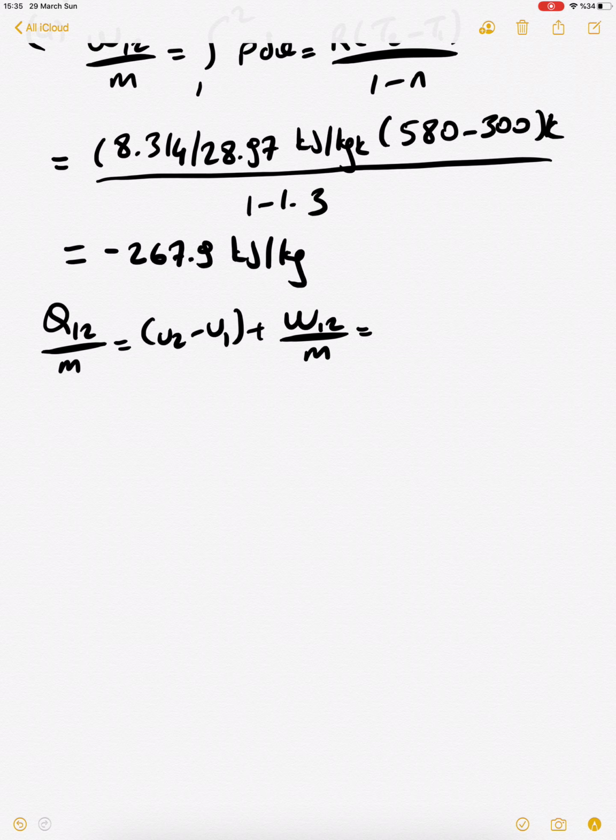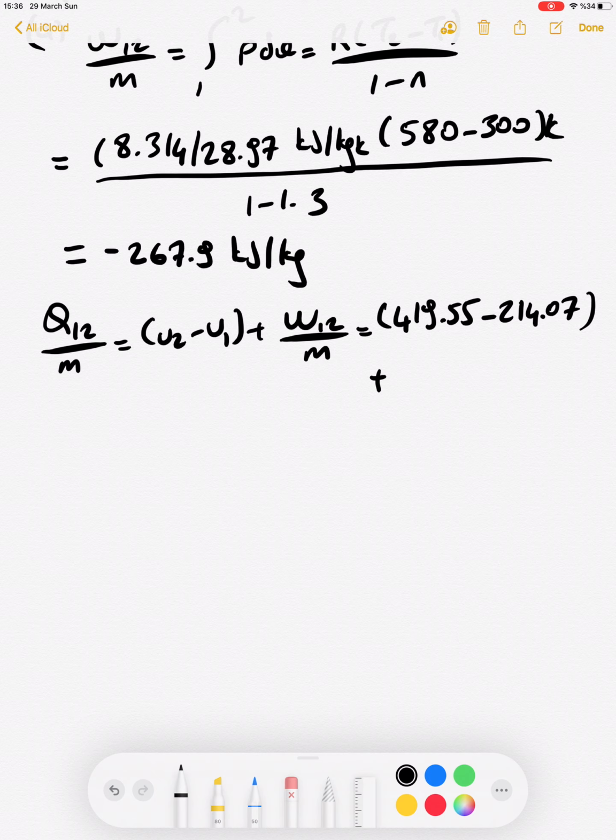So that's going to be, we know our values, 419.55 minus 214.07 plus, we are going to use the negative sign for the work this time, so work is negative, minus 267.9 kilojoule per kilogram.